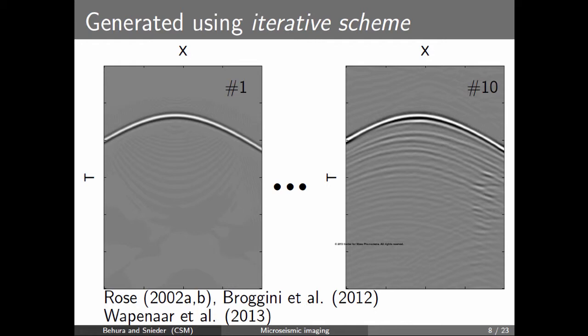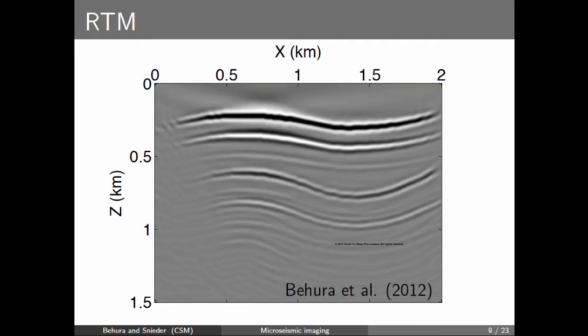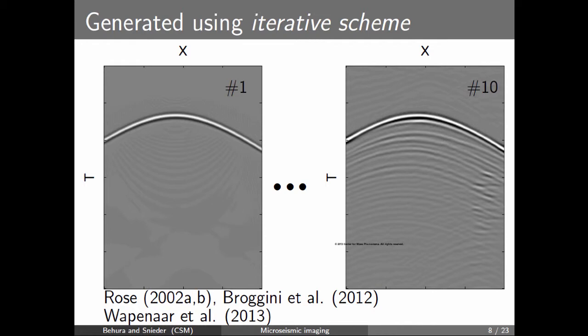And then using iteration, we can reconstruct the Green's function, the Green's function on the right. And then that Green's function is actually used to obtain the image of the microseismic source.